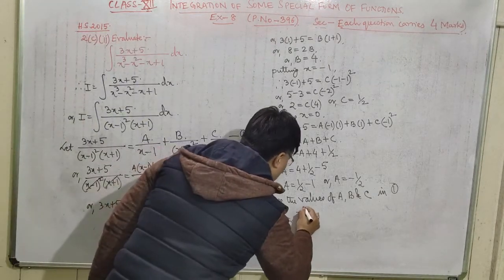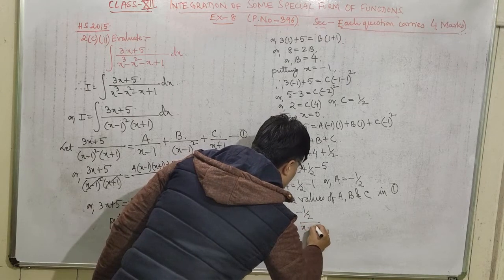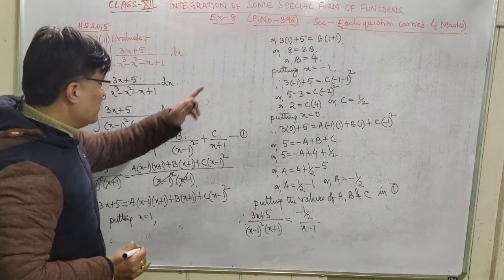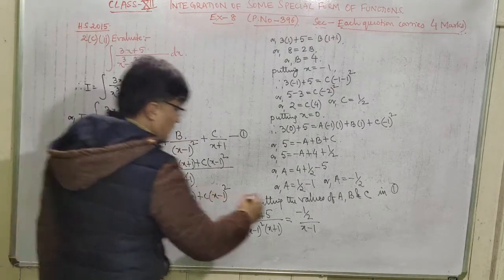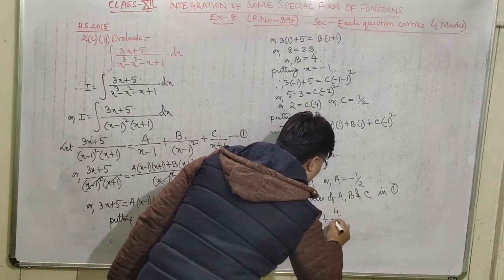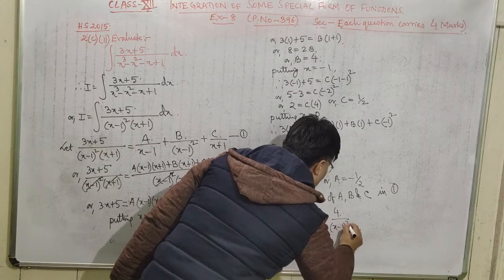Minus half divided by x minus 1 plus what is b? 4. Here the value for b is 4. So you put it here, plus 4 upon x minus 1 whole square.